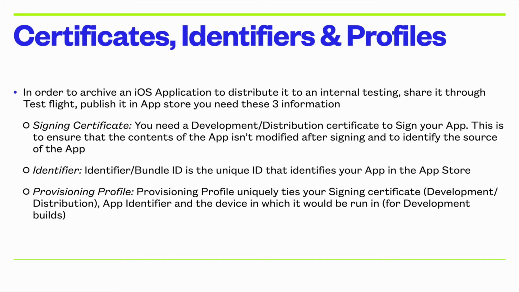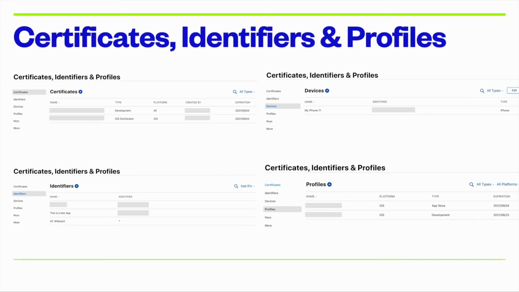If you are trying to get a development profile, you will also be able to specify the device in which you will be running this app. In that case, it would mean that a developer who has this signing certificate is allowed to sign this app with this identifier so that he'll be able to run it on this device.